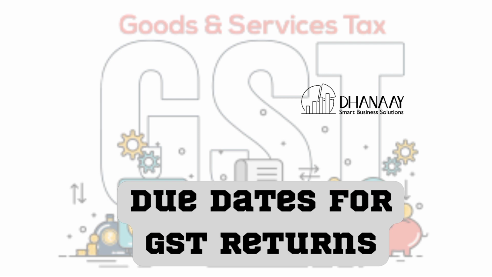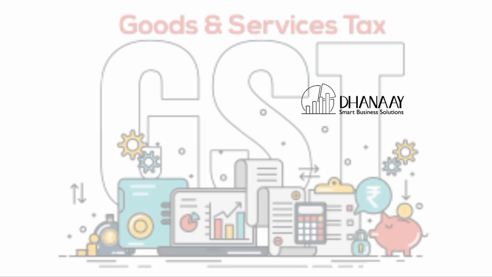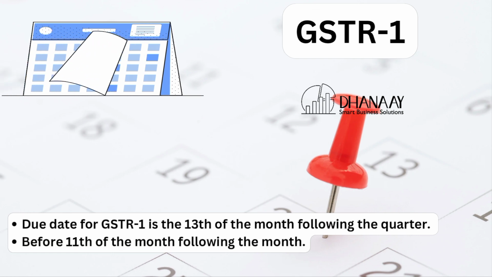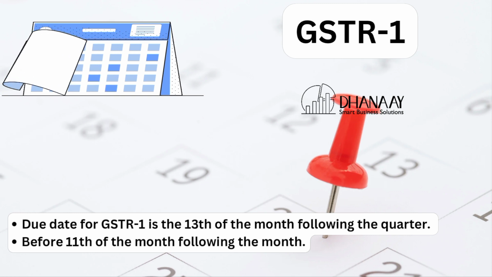So let's see the due dates for GST returns. GSTR-1, that is a sales return, must be filed by all regular registered taxpayers, and the due date depends upon the turnover.